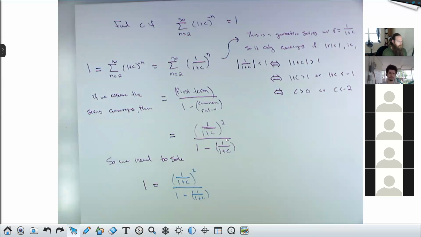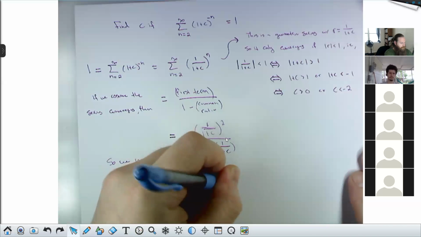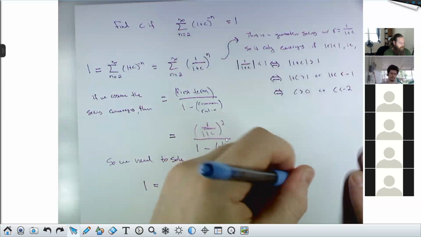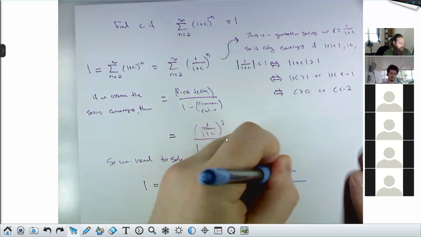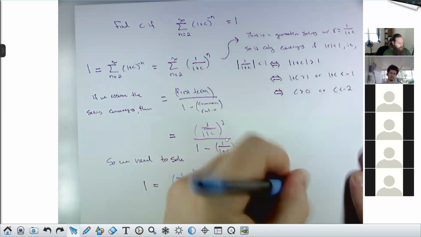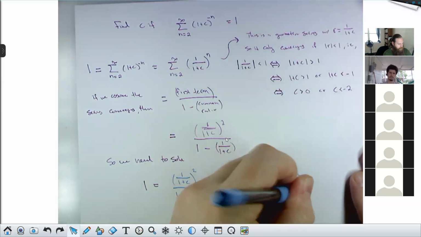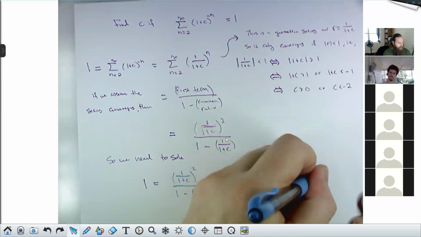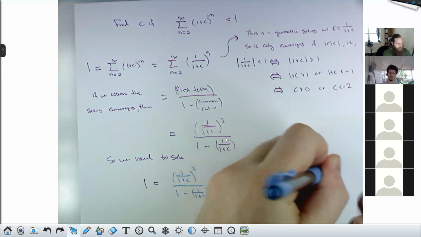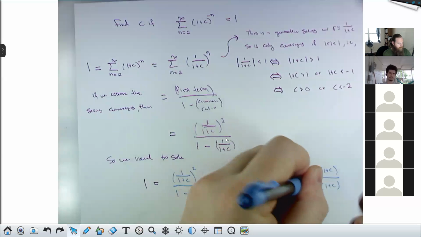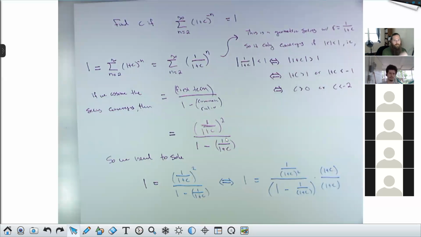I would probably start by saying this is equivalent to 1 equals 1 over 1 plus c squared, right? Because 1 squared is 1, minus 1 over 1 plus c. And then we can multiply top and bottom by 1 plus c. And remember, we need to think of the tops and bottoms of all fractions as being in parentheses.